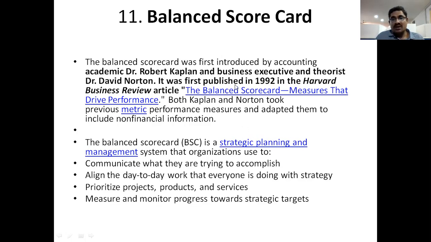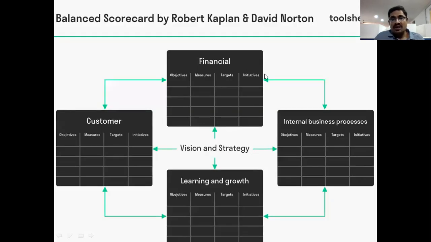So this balanced scorecard is meant to improve the efficiency levels of organizations, right? So they gave this model. Look at this image. Here we have 4 types of components: first, financial; customer related strategies; learning and growth strategies; and internal business processes and their strategies.